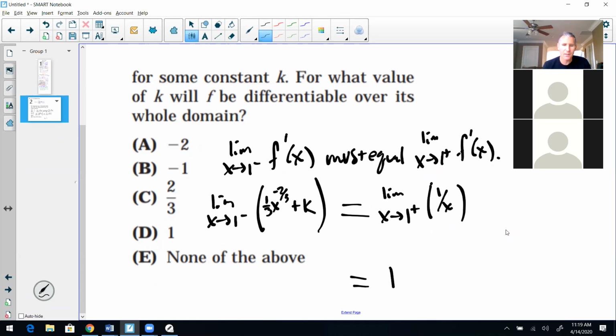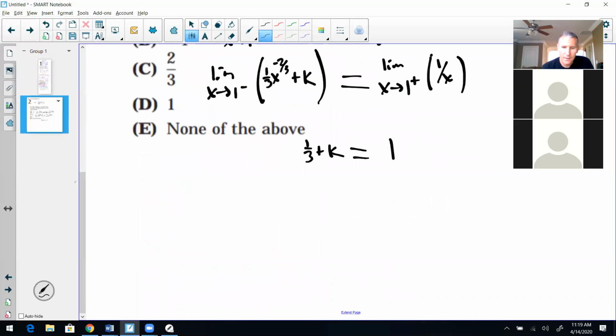Everyone sees that, right? And on the left-hand side, as I approach 1 from the left, x to the negative 2/3 is 1 to the negative 2/3, which is just 1, times 1/3. So this is going to be 1/3 plus k. Right? So solve for k. So k must be 2/3.